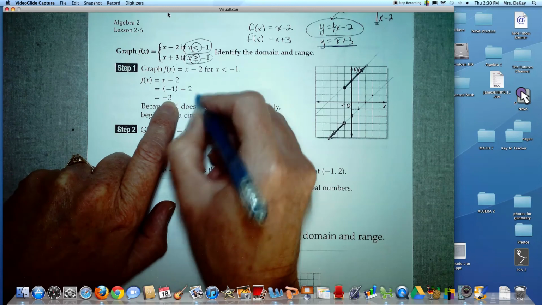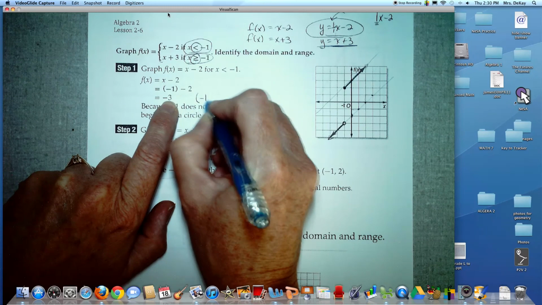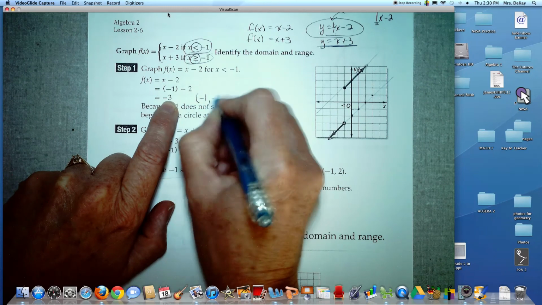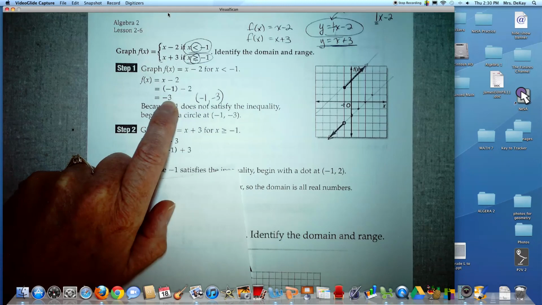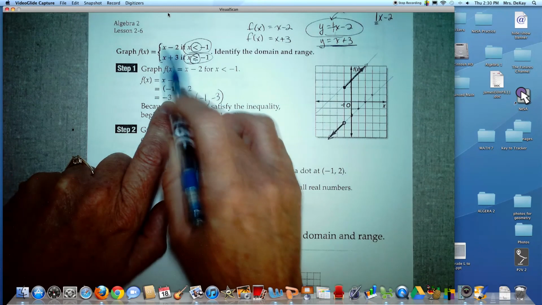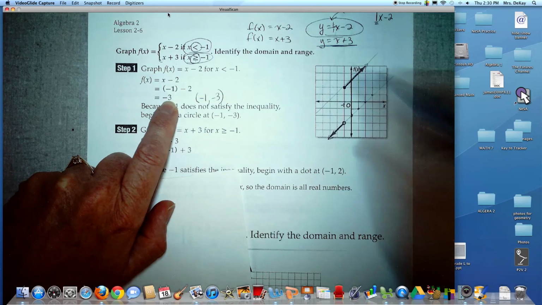So their first point was going to be at -1, -3. So you can figure out your point that way. It comes from the other part of the thing, but this is a real simple equation. If it was something else, you wouldn't be able to figure that out. So yes, you can figure that out.